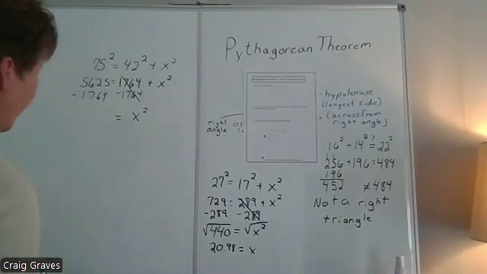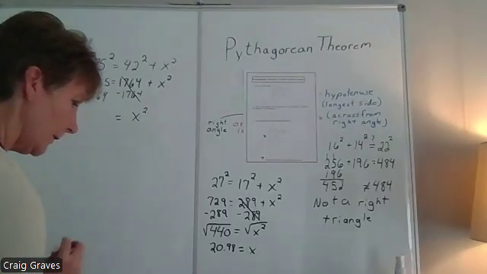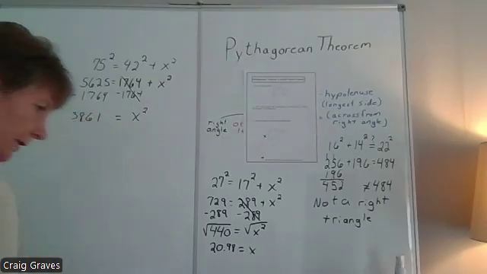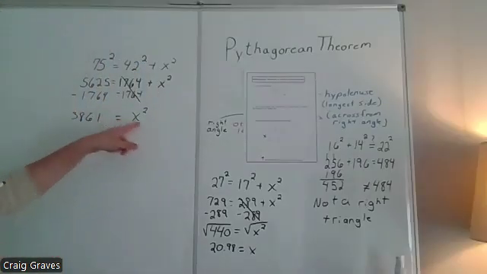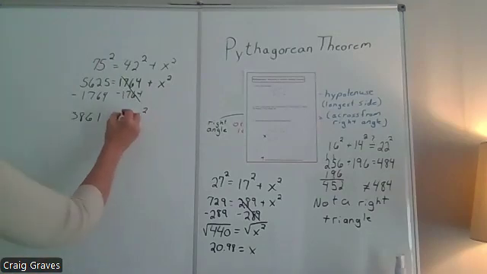And over here we have 5,625 minus 1,764. And that gives us 3,861. That's x squared. So we still need to find out what x is. To undo squared, we take the square root.